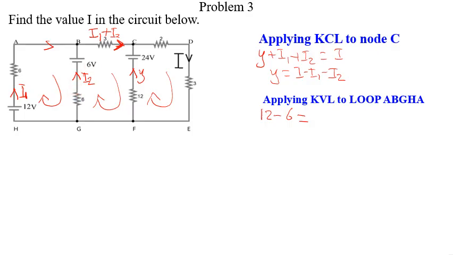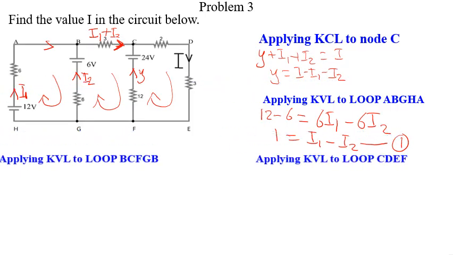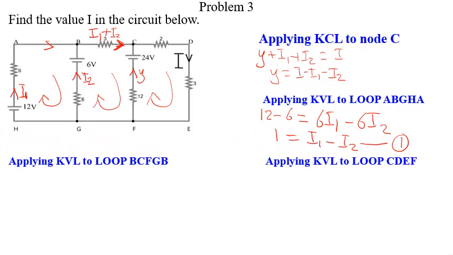So our voltage drops become 6I1 minus 6I2. Then after solving it, we get 1 equals I1 minus I2, which becomes our equation 1.